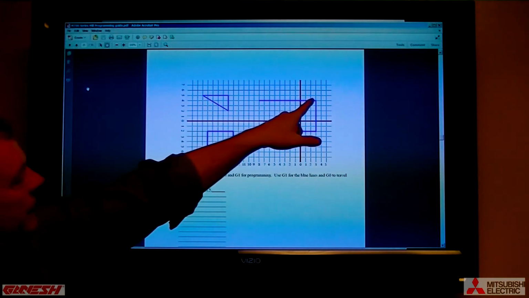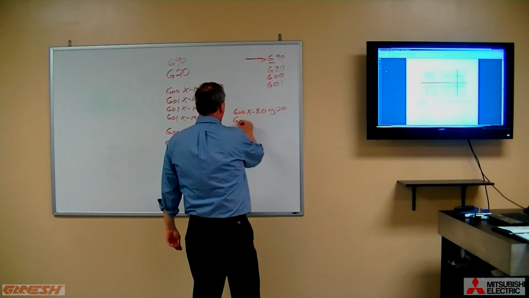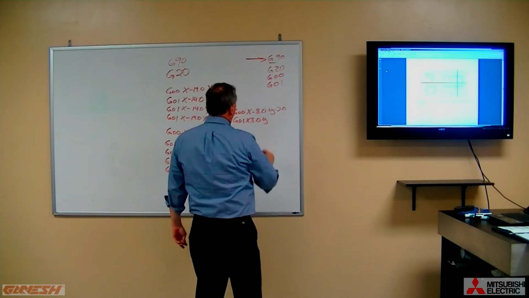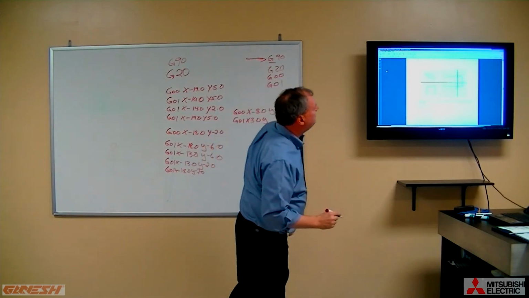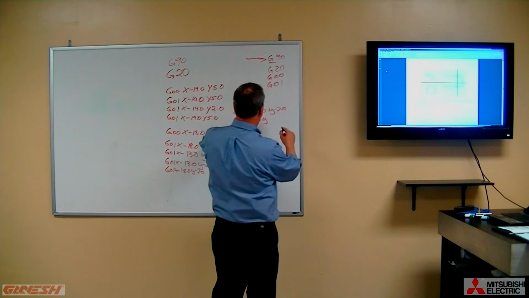Now we want to do a feed rate to that point, so we say G01 x3, y of 4.0. Oops, I made a mistake.